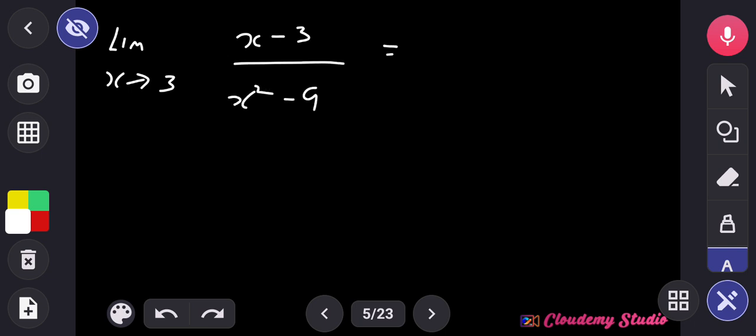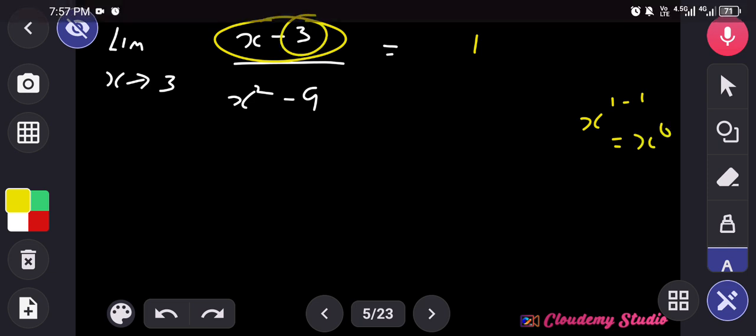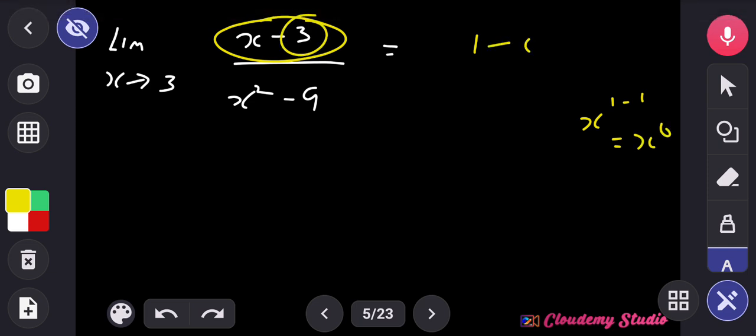So let us say limit of x tends to 3, that is x minus 3 divided by x squared minus 9. So if we differentiate the numerator, we are going to be having 1. You know that that is x power 1 minus 1, and it equals x power 0. And differentiation of 3 is equal to 0. So we're going to be having 1 minus 0 divided by, now this one becomes what?